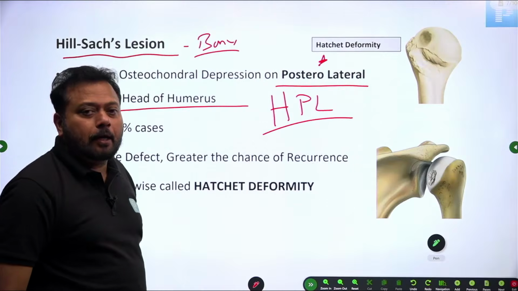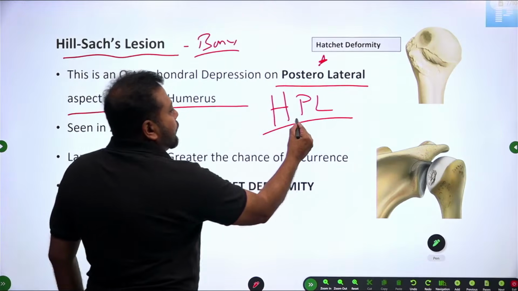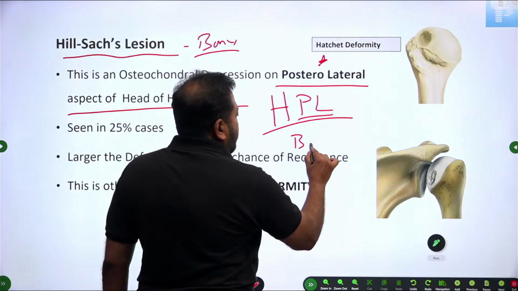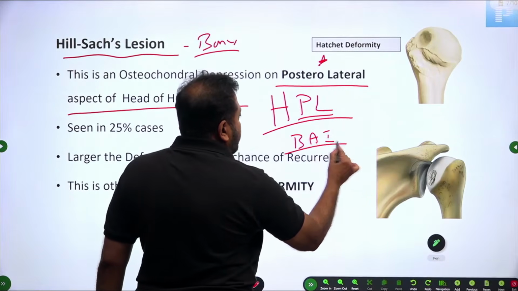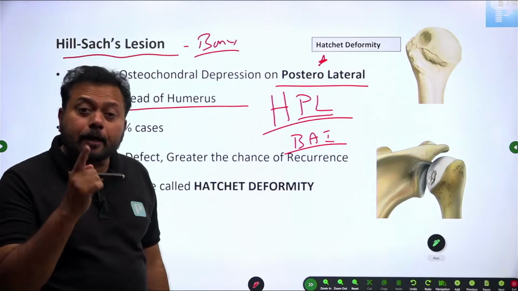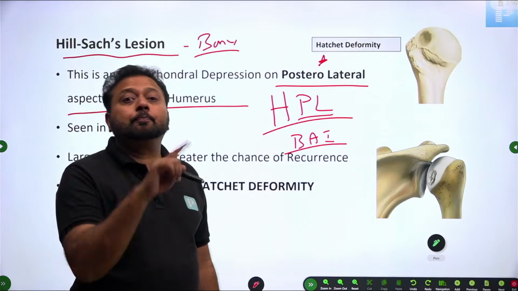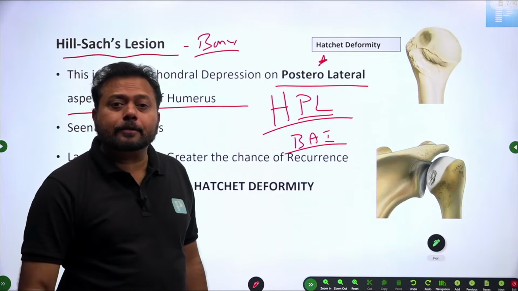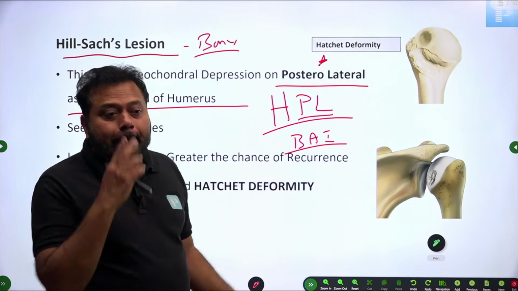HPL, Hill-Sachs posterolateral. Bankhart's antero-inferior. So that there won't be any confusion, because they are asking this question. Hill-Sachs is posterolateral, posteromedial, antero-inferior, something like that they are asking. So, it should be very clear.